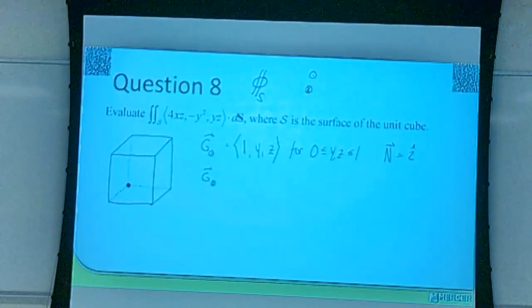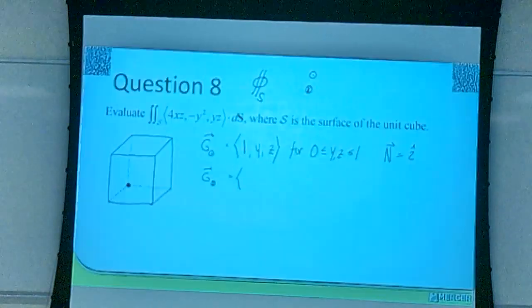Now for the back facing. Well, again, the back facing is a YZ plane, right? What's X in the back? Which piece?